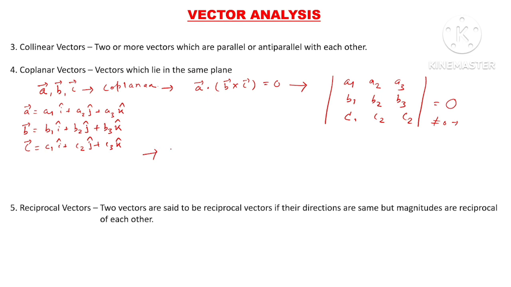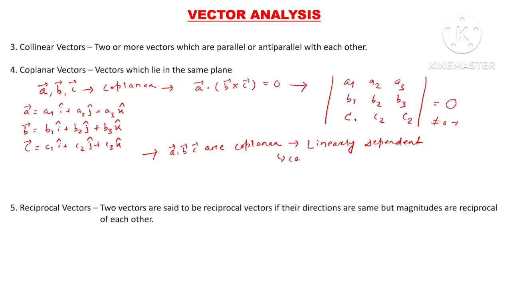So if A, B, C are coplanar, then they are linearly dependent vectors. If they lie on the same plane, they are linearly dependent, right?